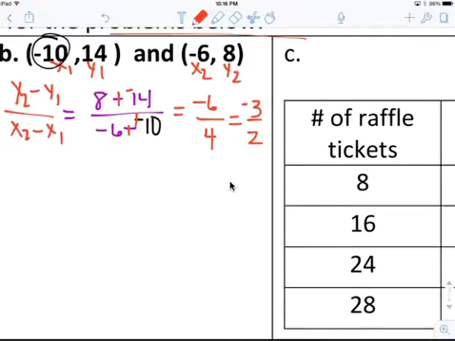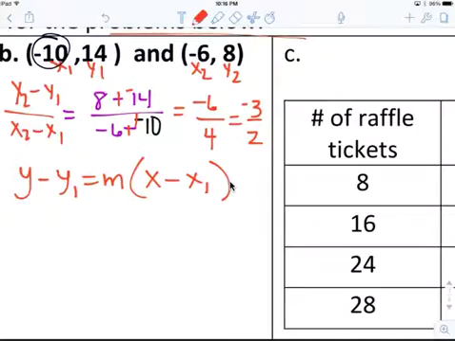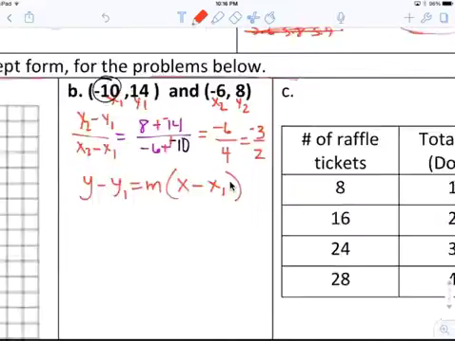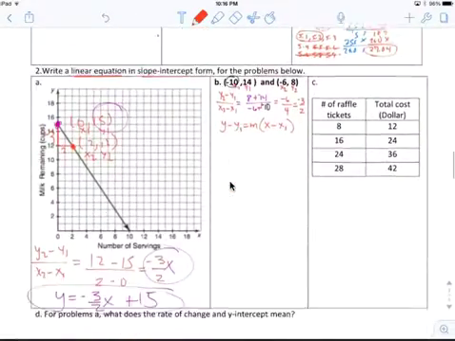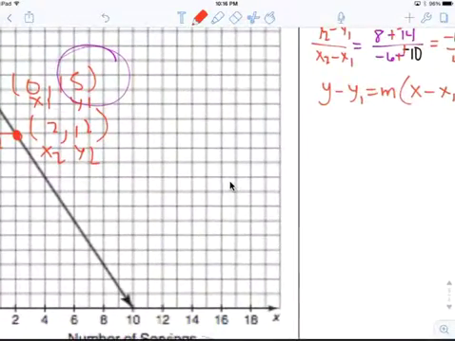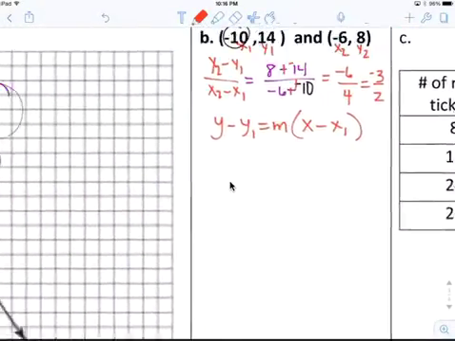Now you can't do just y equals negative 2x. There's no y-intercept, so you have to use y minus y1 equals m parentheses x minus x1. If you're unsure when to do this, do this for this same problem too. I'll show you in a minute.